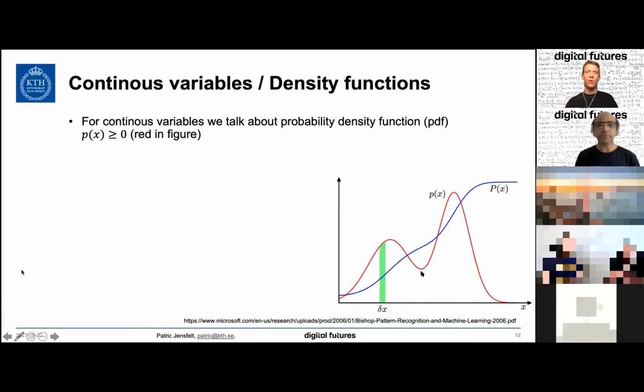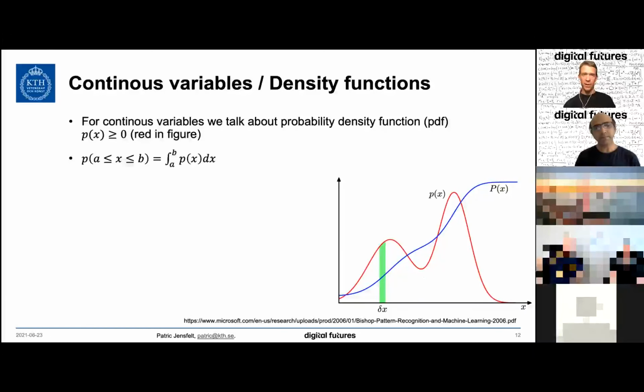And then the red curve shows the density function, something that says for a certain region along the x-axis, how likely is it to get a value of x in that region? The same as before, the density function should be larger than or equal to 0. We can look at the probability of getting a value of x in some interval between a and b, for example, by taking the integral.